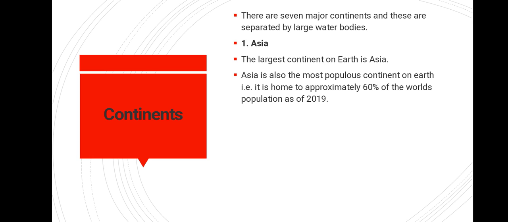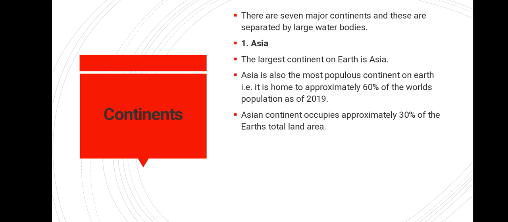Asia is also the most populous continent on the earth, that is, it is home to approximately 60% of the world's population as of 2019. Asian continents occupy approximately 30% of the earth's total land area.